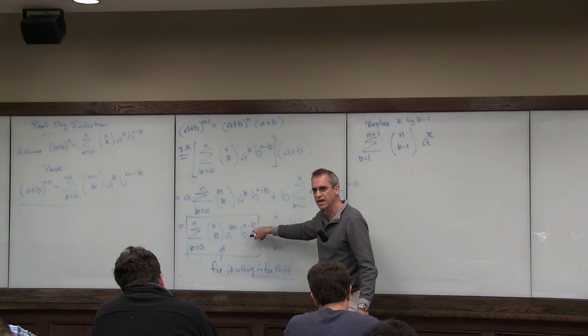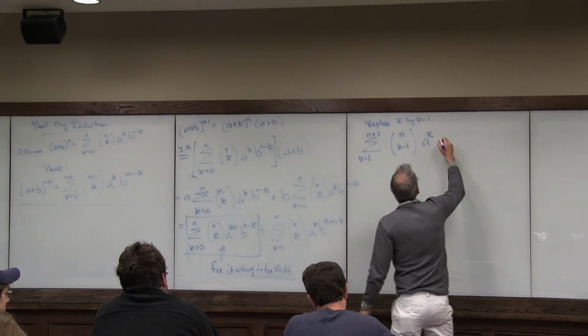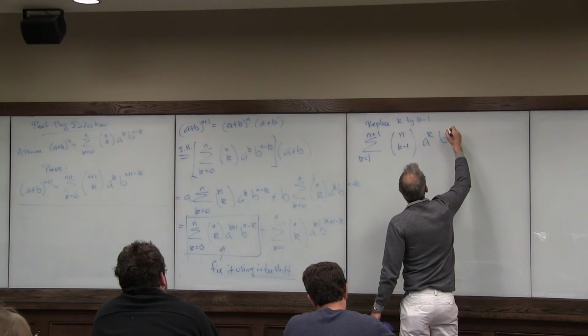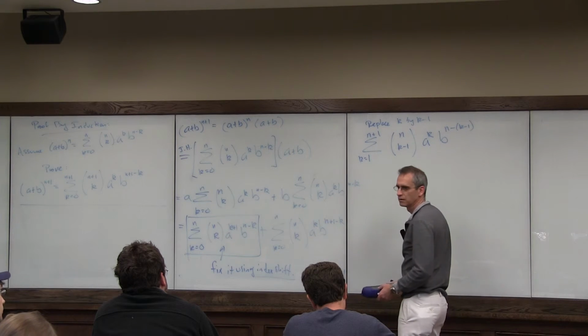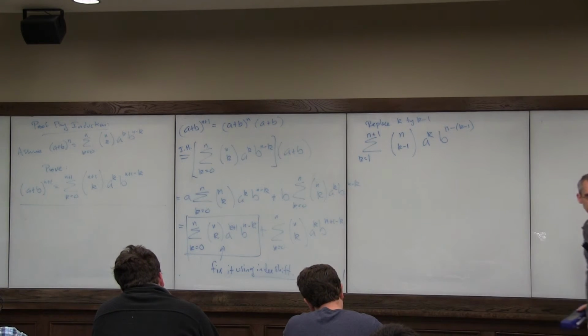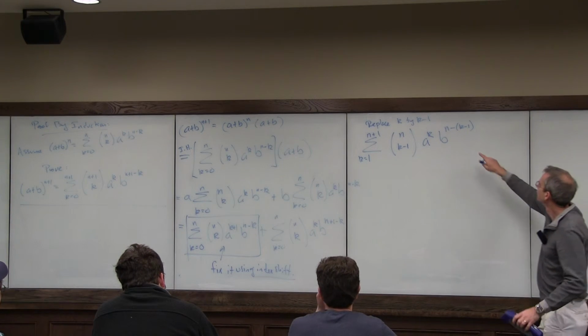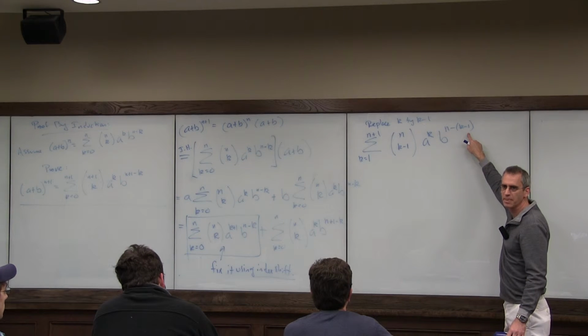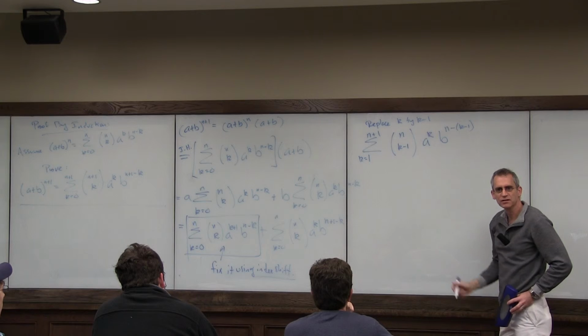And now I'm replacing k by k minus 1, so I get b to the n minus k minus 1. Things are looking better. What has now been fixed by this? What's that actually equal to? n plus 1 minus k. So we've now fixed this.